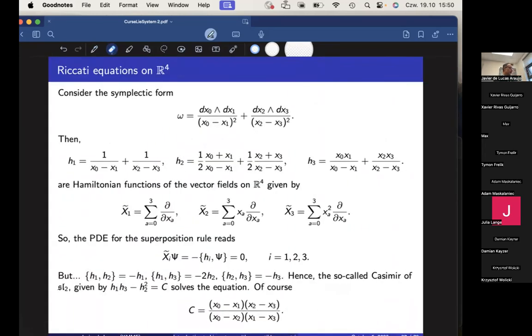Yes, let's go back to the problem we were studying at the very beginning, the problem of Riccati equations and the superposition rule of Riccati equations. Allow me to recall that we have something of this kind.